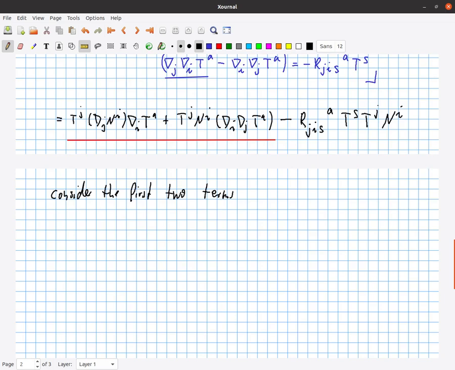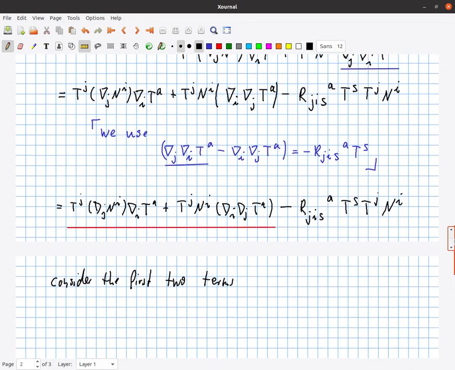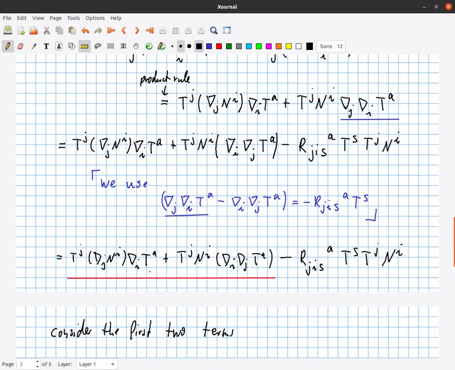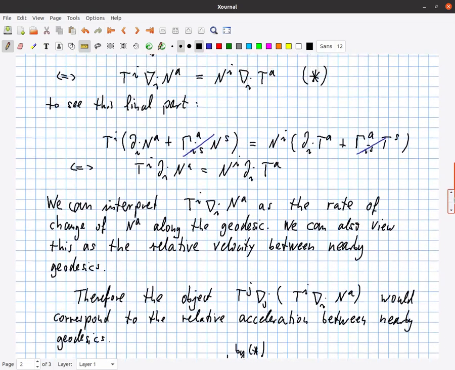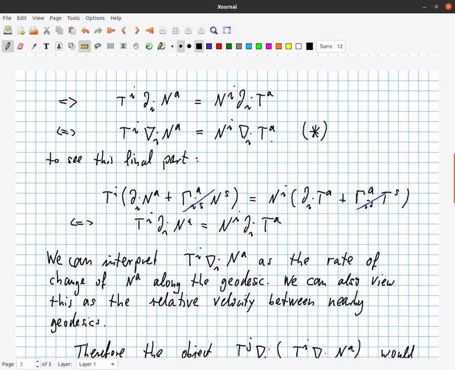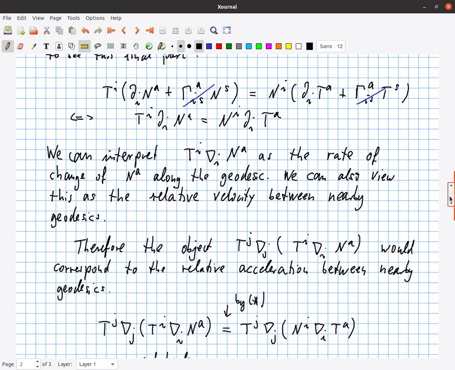So there's a T^j out in front of everything. And we can also recall that T^j ∇_j and i can again be rewritten using star. So I have this term and I can rewrite it as that term.